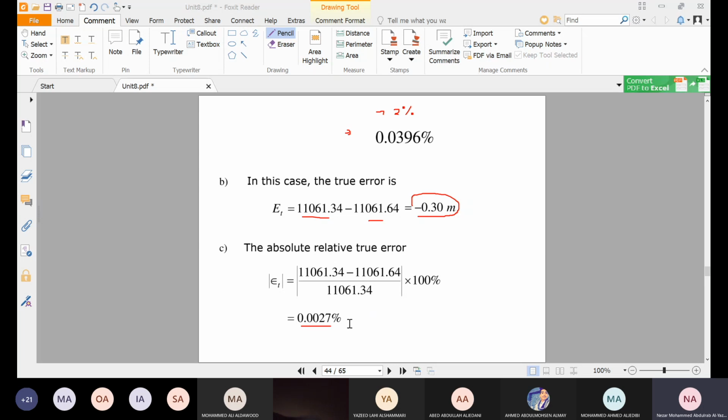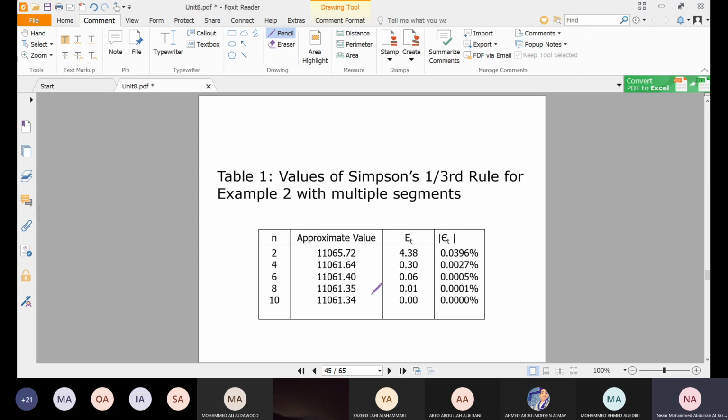If you want to see how much we can reduce the error by adding more points or more segments, this is the same example, but here we have more segments. We divided the interval into more sub-intervals. Here, when we use Simpson with 2 segments, because we use only the midpoint, we have 0.396.